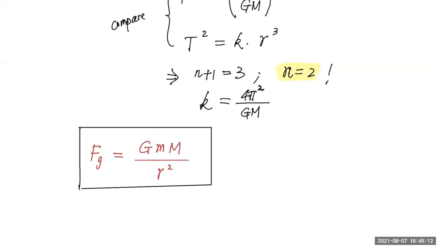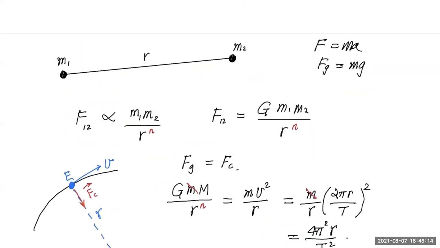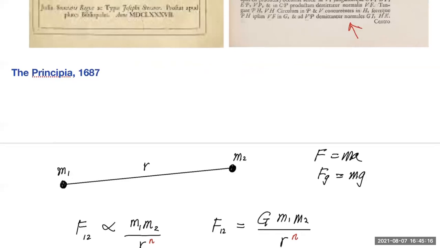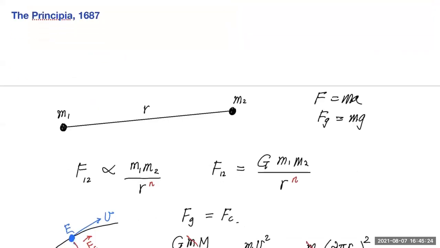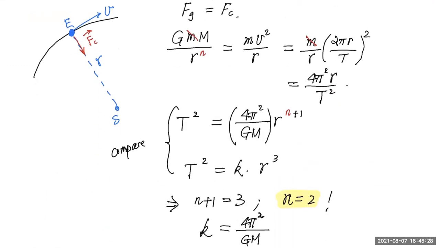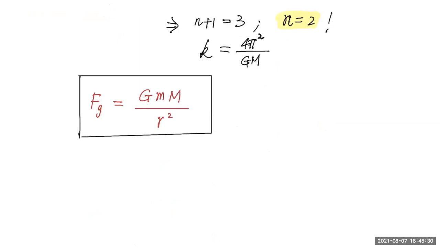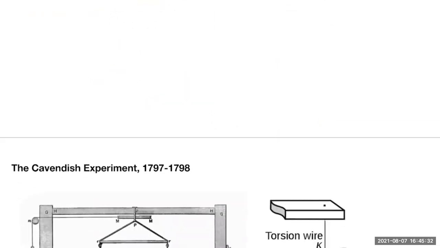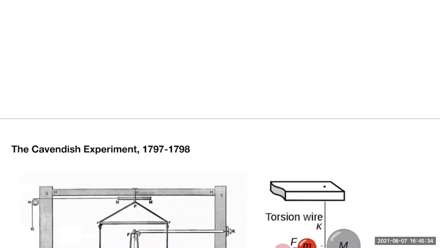Even though Newton's law of universal gravitation was published in the year 1687, the first successful measurement of the universal gravitational constant, big G, with an error of under 1% was achieved in the year 1797 to 1798.